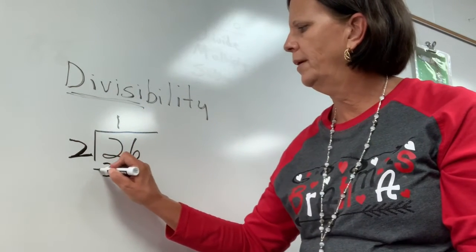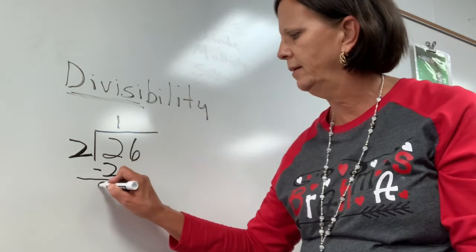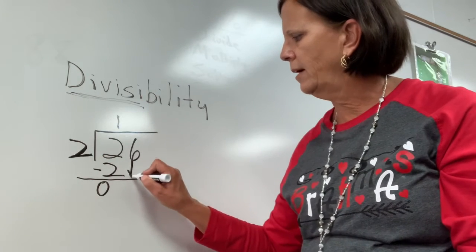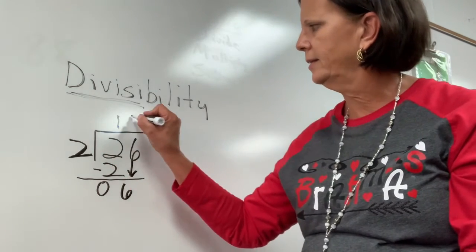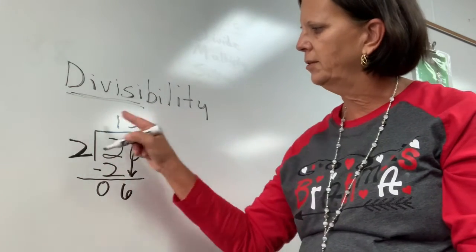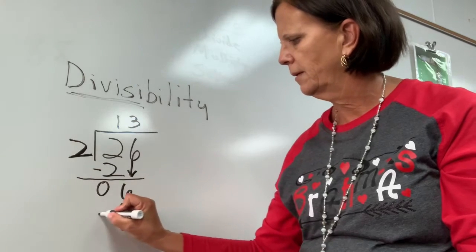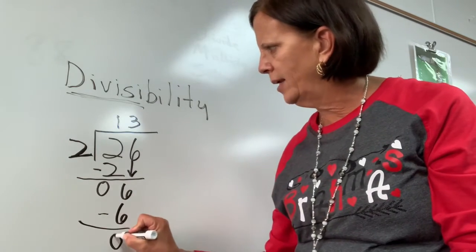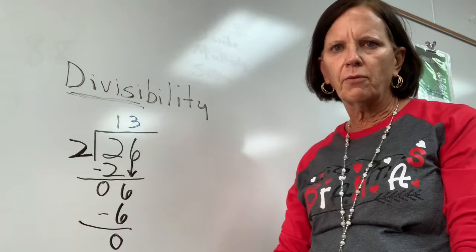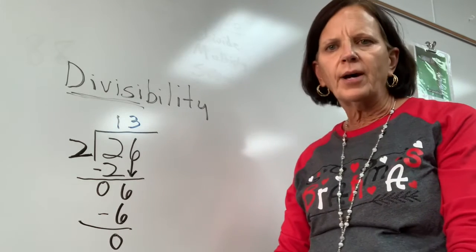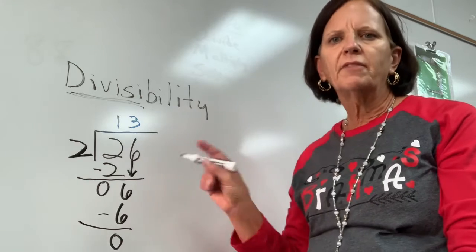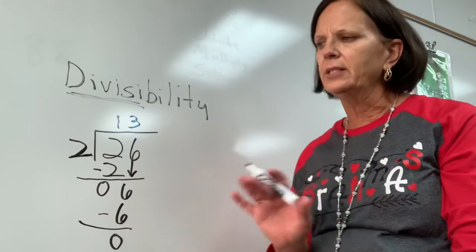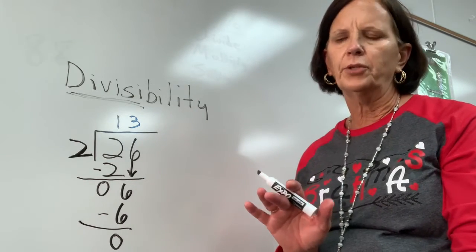I'm multiplying, I'm subtracting, I'm bringing down. Now I'm dividing. How many groups of 2 can I get out of 6? That's 3. 3 times 2 is 6. So when I'm finished, I don't have a remainder. So math-wise, I could say that 26 is divisible by the 2. That means I don't get a remainder when I'm finished with it.